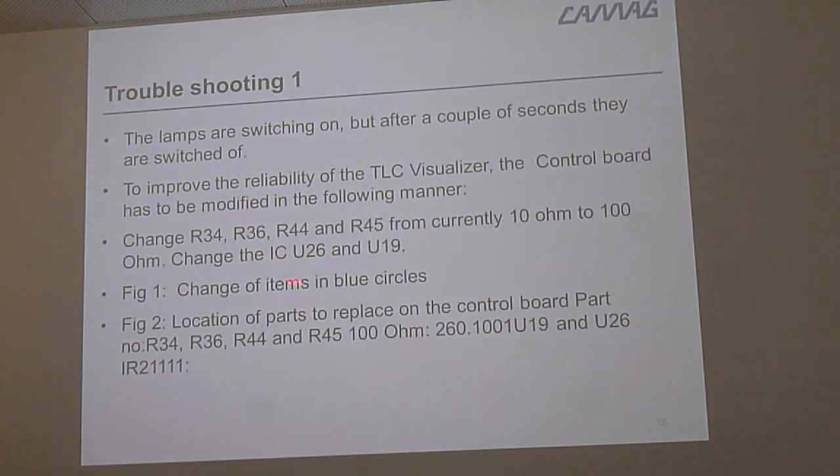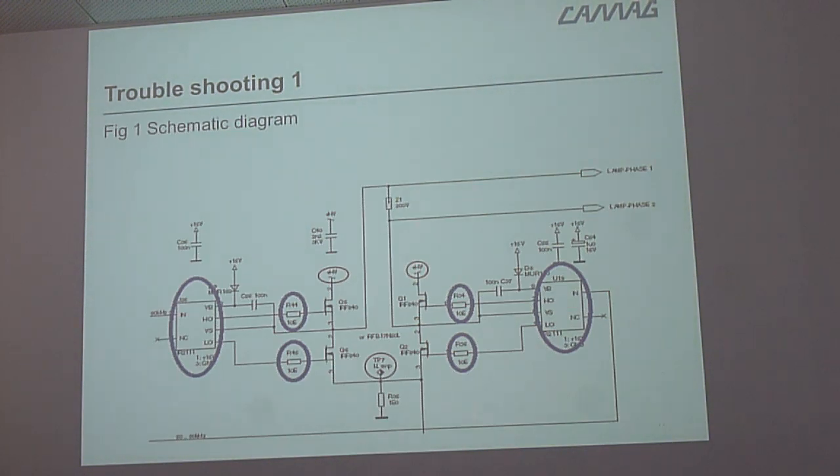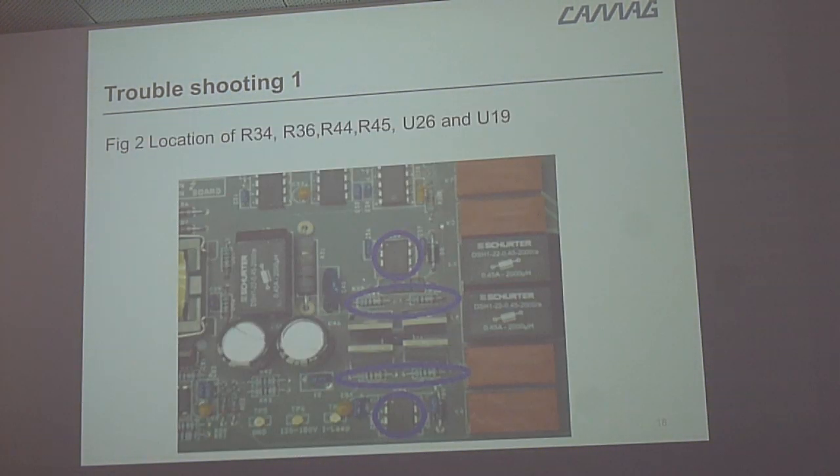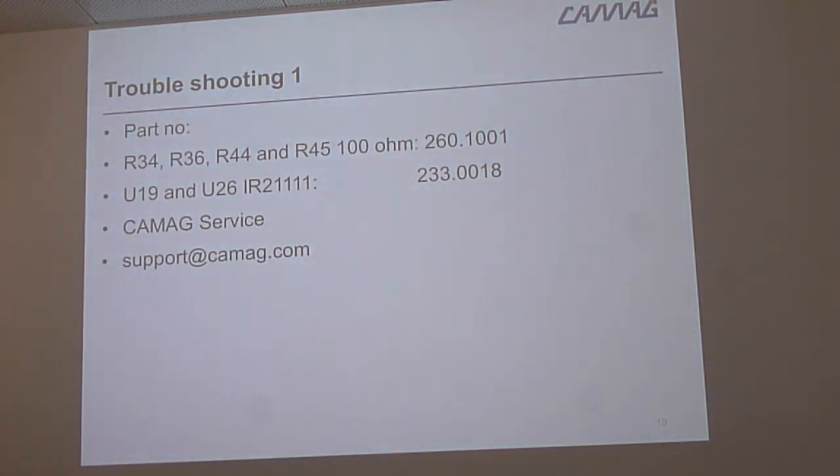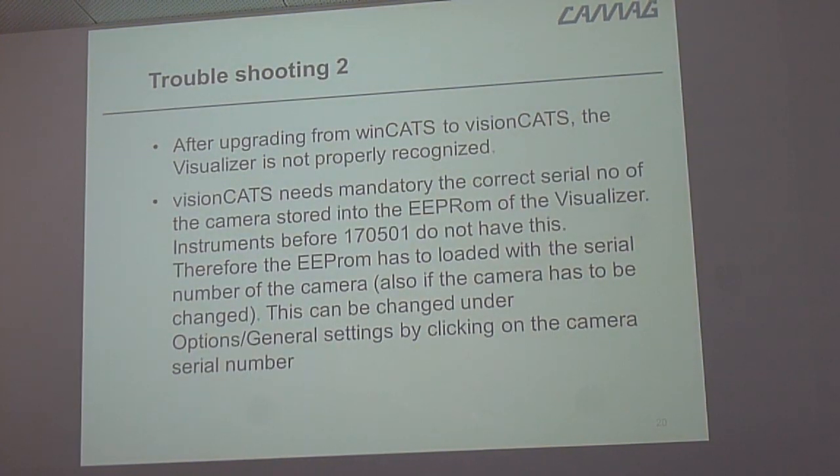Here is the remedy of this. So here you see the parts that you have to change. I don't go into deep detail here. You have it here in written form, but these days it's no longer that important because all these boards are already exchanged. Here it's on the board, the location, but as I said, this is not important.